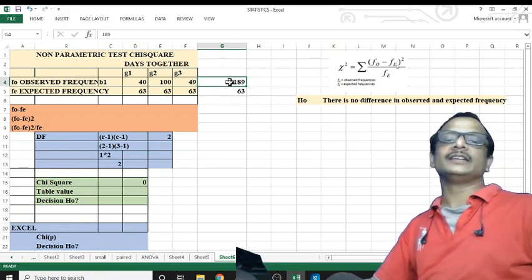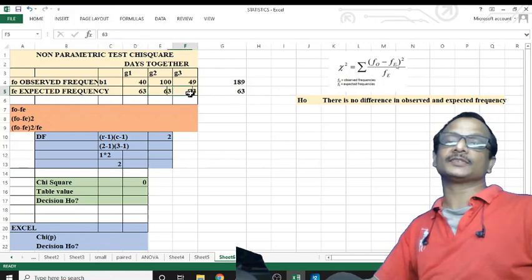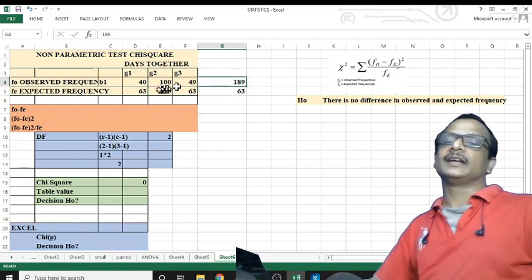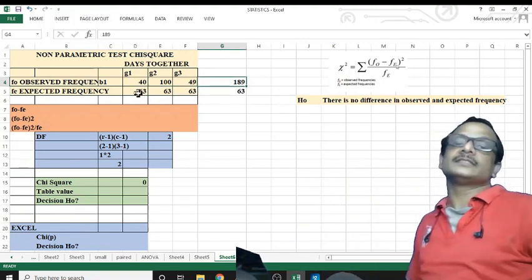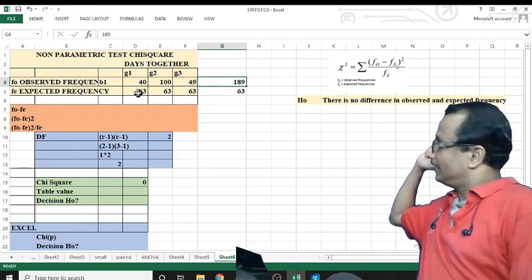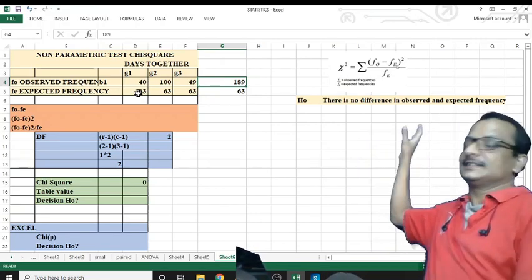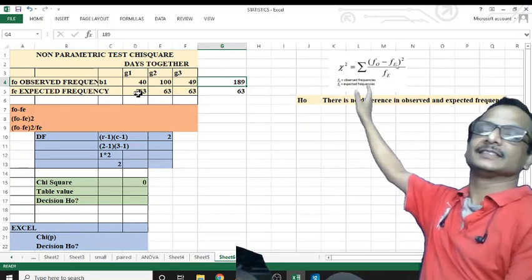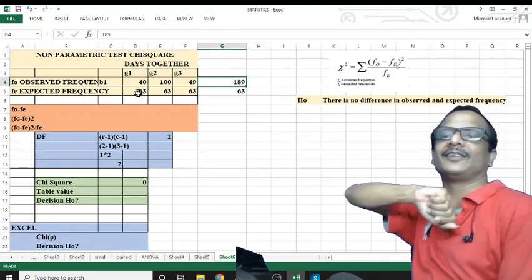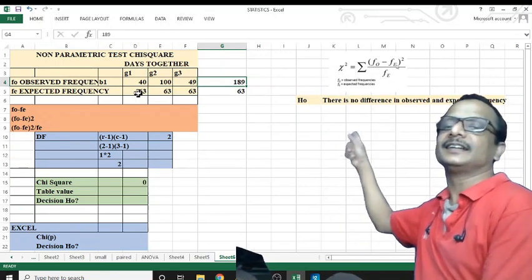Then 189 divided by 3 is equal to 63. That is 63 plus 63 plus 63 equals 189. That is, among this semester of 189 days, this boy sits equally 63, 63, 63 days. That is the calculation here.